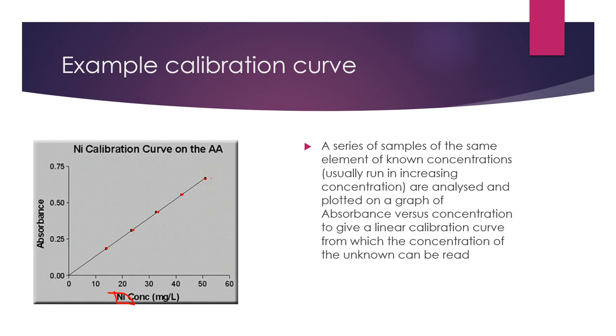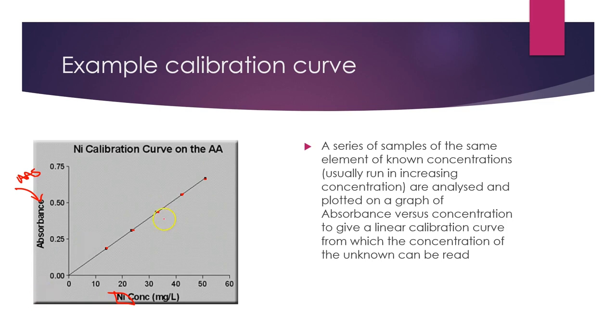Okay, so 50, 40, 30, 20, and 10 milligrams per litre concentrations of nickel. And then the absorbance, this is the measurement from the AAS, from the Atomic Absorption spectrometer. It gives us a reading in absorbance, which has no units. And that is simply plotted onto the graph to give us this straight line.